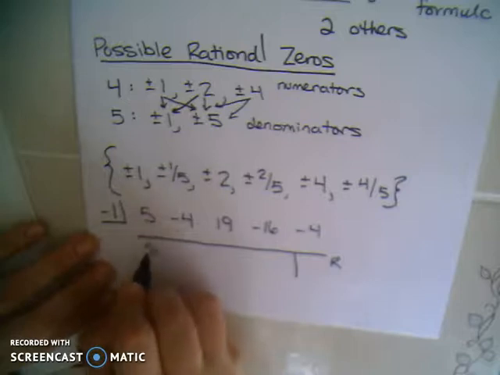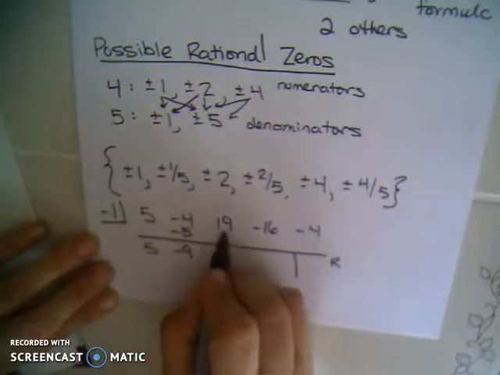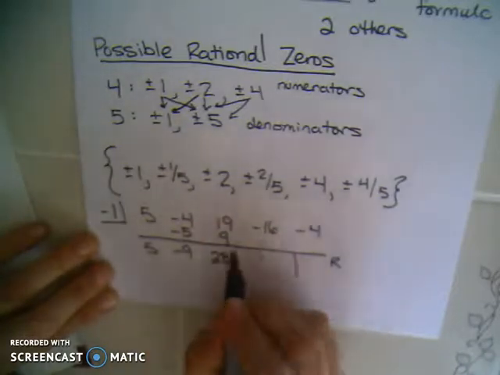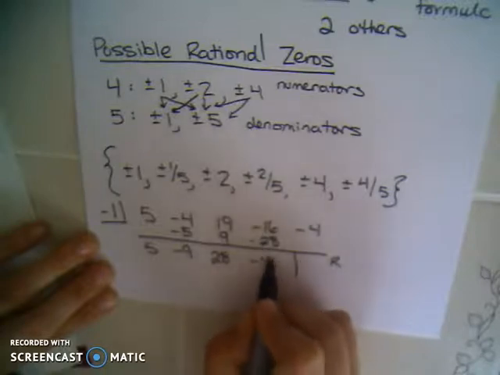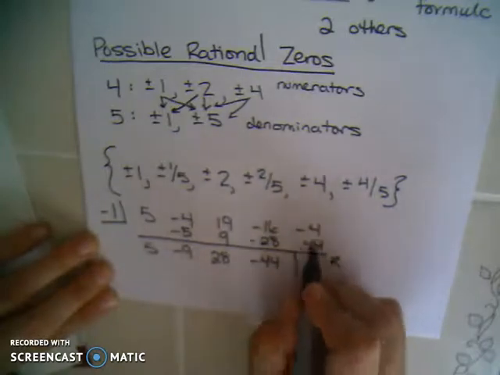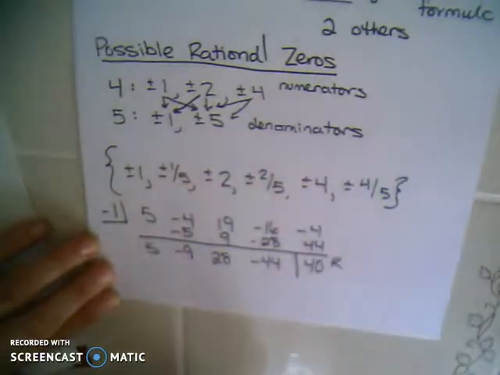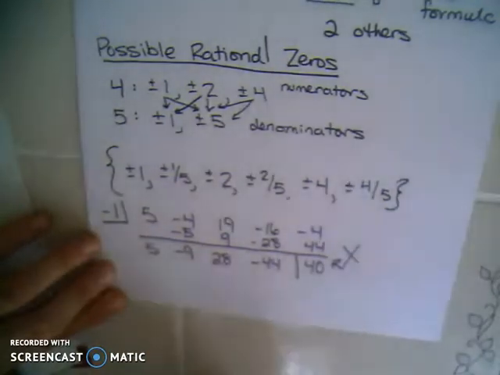So pull the first number down. Multiply, add, multiply, add, multiply, add, 20, 30, that's -44, and then multiply, back to positive, add, we get 40. Remainder of 40, that means x equals -1 is not a 0.